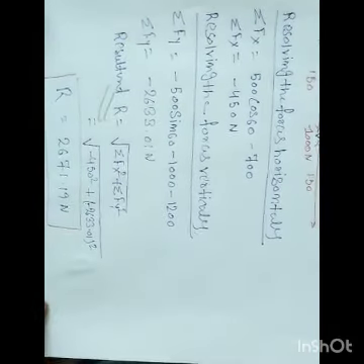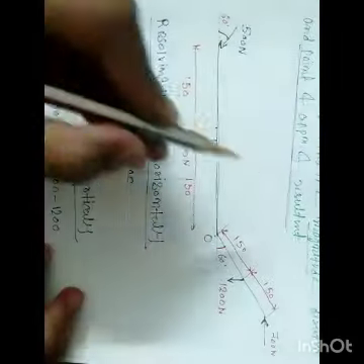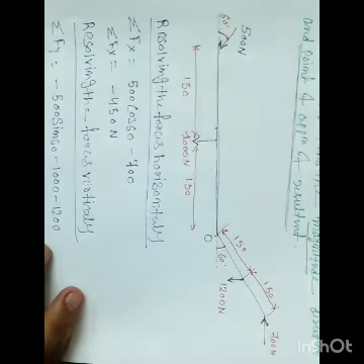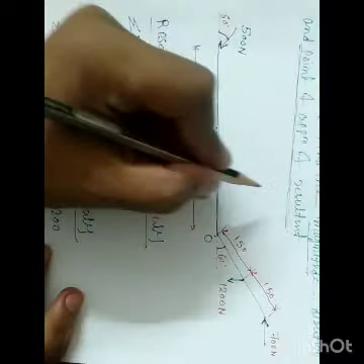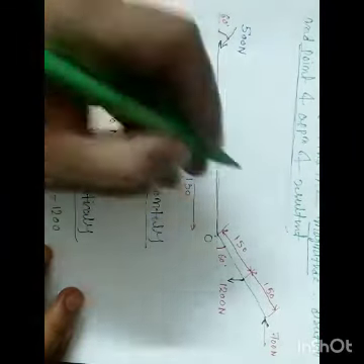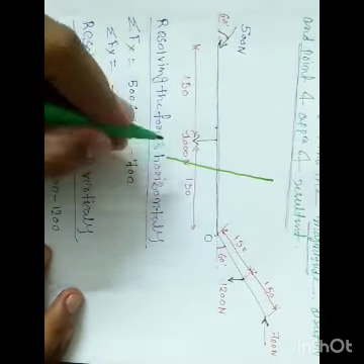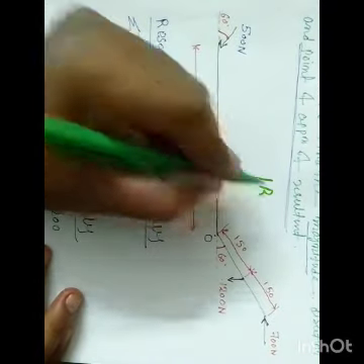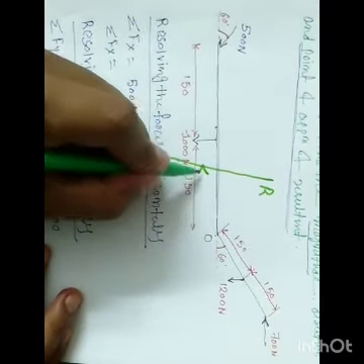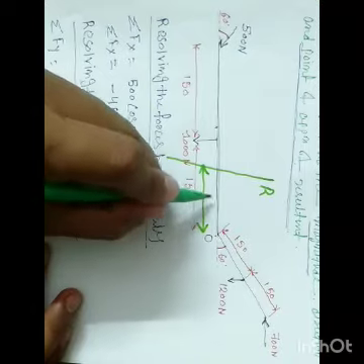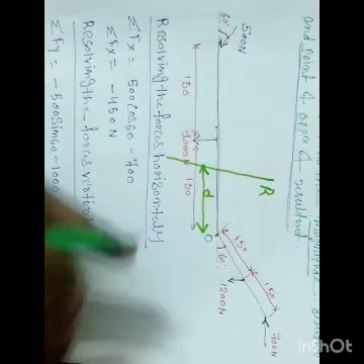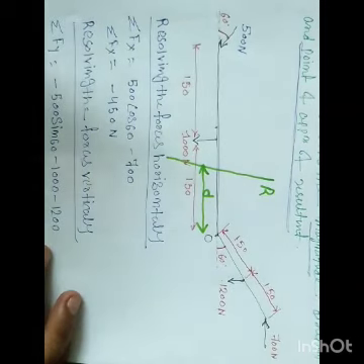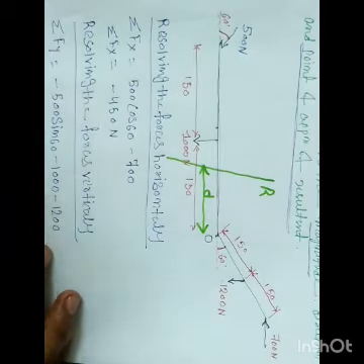So I am considering that the resultant is lying at a distance D from O, anywhere you can locate from O, right? So this is the point of application, at a distance of D from O. So now what we should do, we'll apply the Varignon principle.